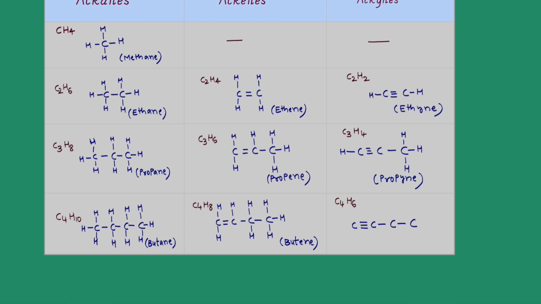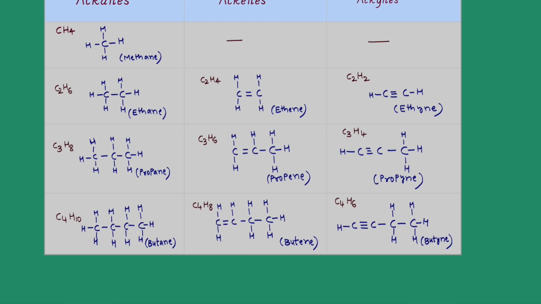Why? Because it is an alkyne. On the first carbon we can draw only one hydrogen. On the second carbon we cannot draw any because four bonds are already completed. On the third carbon we can draw two hydrogens. On the fourth carbon we can draw three hydrogens. This is the structure of butyne.